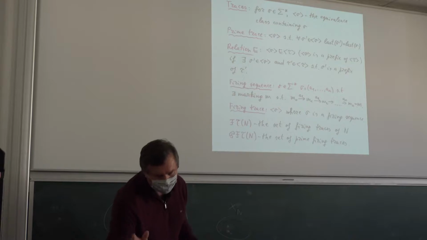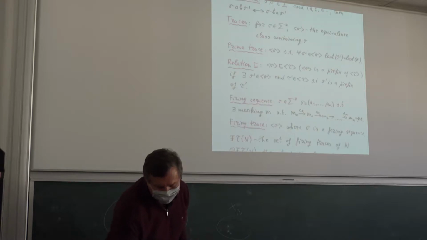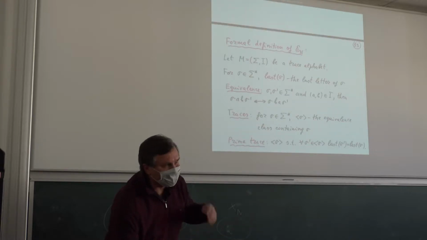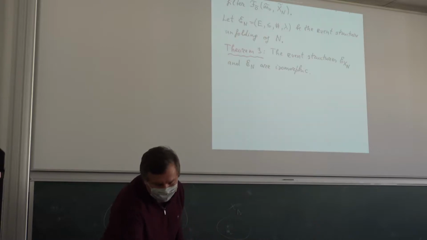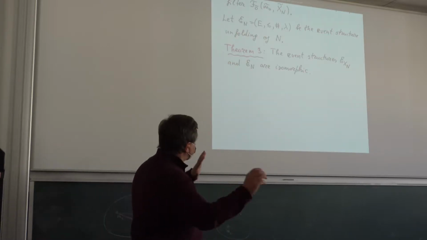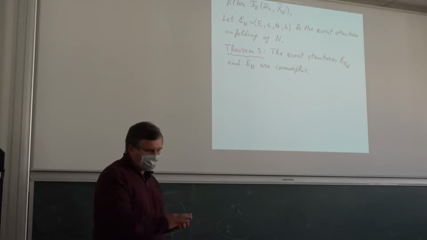I forgot a lot of definitions. Okay, this is good. I skipped a lot of definitions, but we proved that the two event structures coming from different objects are the same.